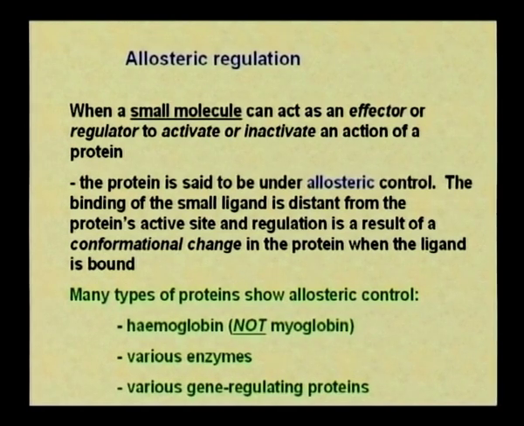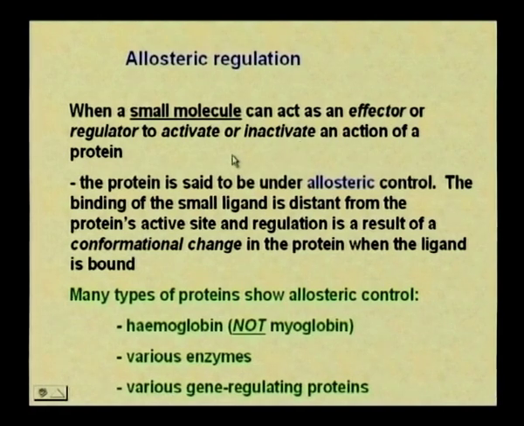Now, we have these small molecules or small inhibitors or effectors or substrates that act on the enzyme. What they essentially do is, this small molecule can act as an effector or a regulator to activate or inactivate an action of a protein.